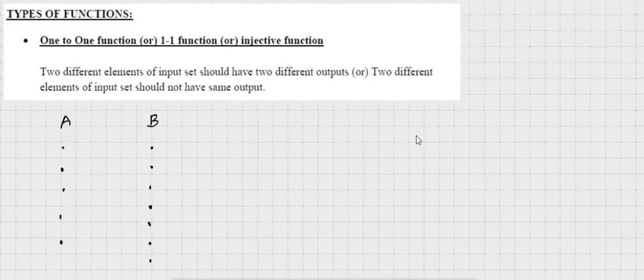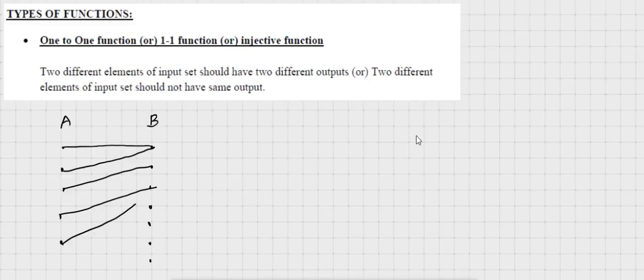One element should have only one output is called a function. That's not a problem. This is a function, right? This is a function. But this is not a one-to-one function.